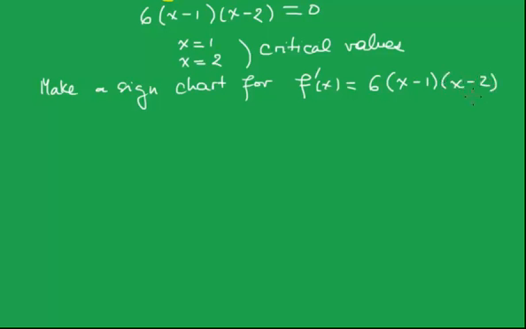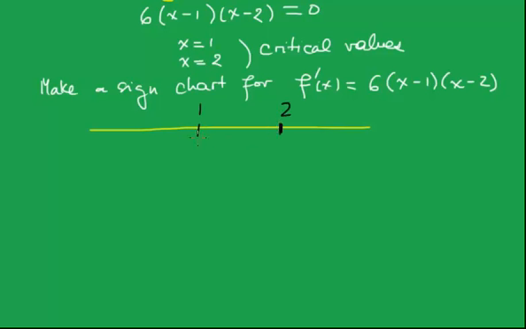So this is f prime, and we're going to make a sign chart for this. Remember how to make a sign chart? We draw the real number line and we only plot the critical values that we found. We found 1 and 2. Those are the critical values.